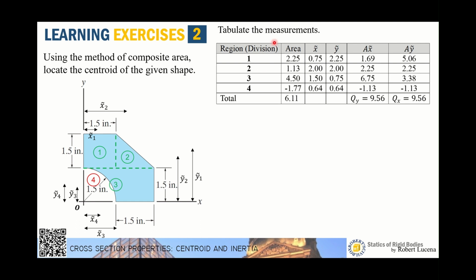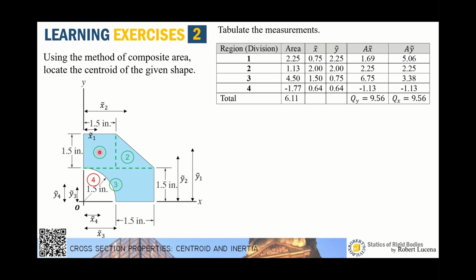Now I tabulated everything. Let's start with region 1. The area of 1 is 2.25 and its centroid falls at 0.75 measured from the y-axis. The square has a width of 1.5, and the centroid is at the mid-width of this 1.5, so this is 0.75. This is your x bar. Now the y bar is measured from the x-axis.